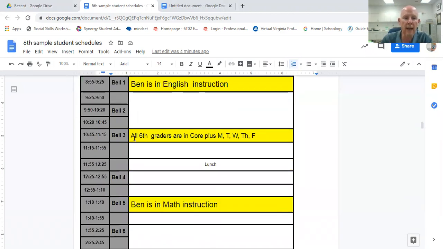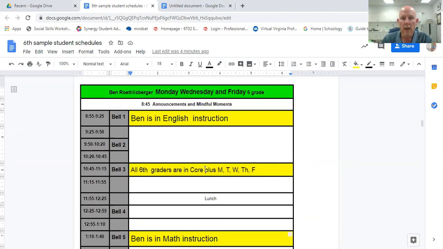Moving on, he's going to have third bell Monday, Tuesday, Wednesday, Thursday, Friday. That's his only 5-day-a-week class. Every 6th grade Hawk will have Core Plus 5 days a week. And then we go down here to fifth bell where he has math. So it's Monday, Wednesday, Friday, English and math for all Hawks, and Core Plus for all 6th grade Hawks.